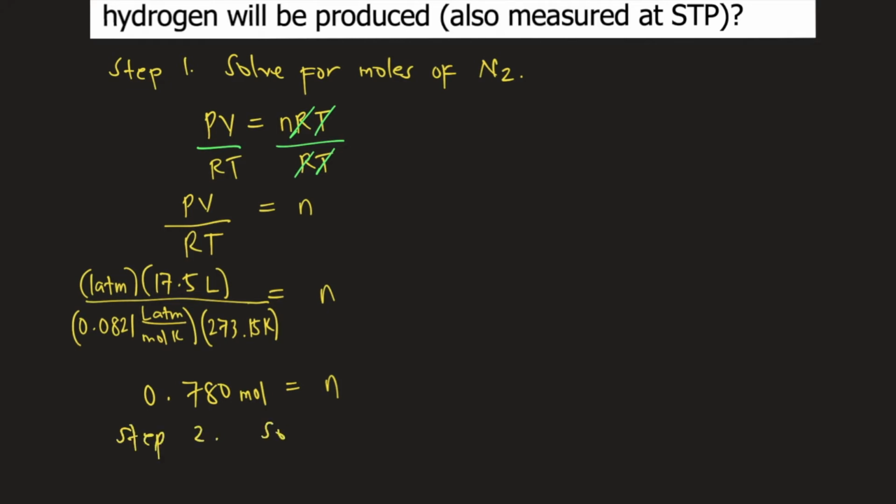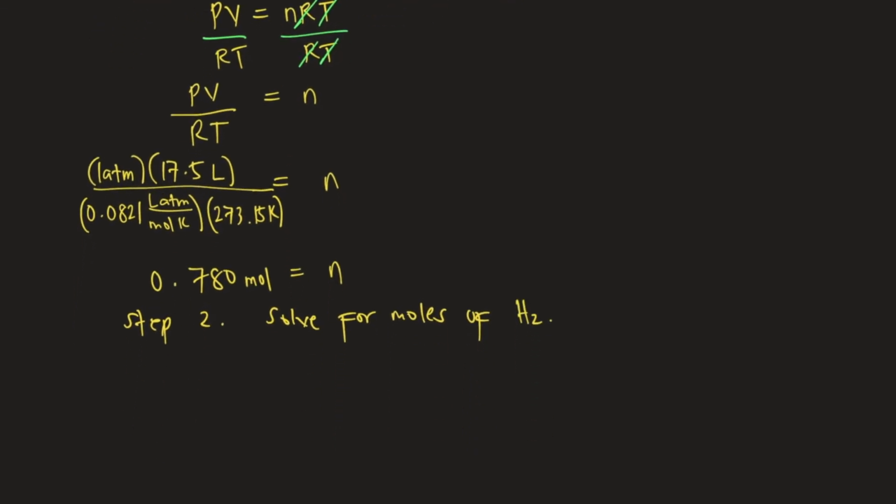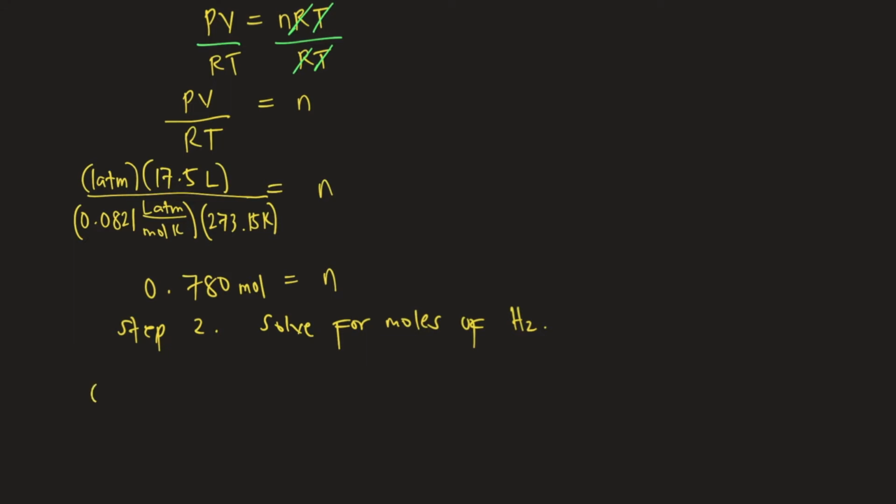Step number 2 is to solve for the moles of hydrogen gas, H2. So we have solved in step 1 the moles of nitrogen, 0.780 moles of nitrogen gas.